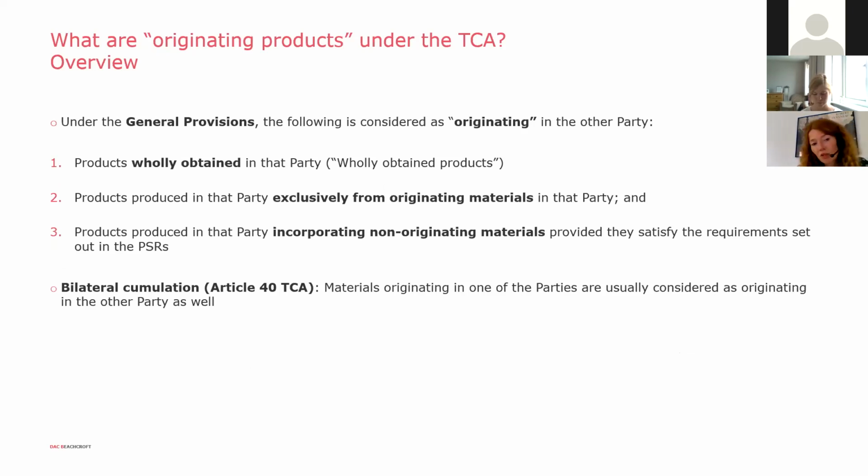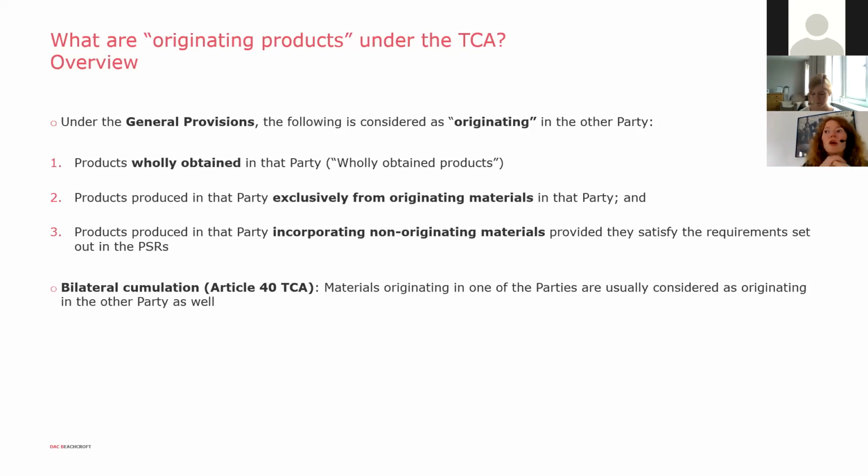So just looking briefly into the general provisions. What does it actually mean, originating, that a product must be originating in the UK or the EU? There are three possibilities. A product might be wholly obtained in a party, so wholly obtained products. Second would be products produced in that party exclusively from originating materials.